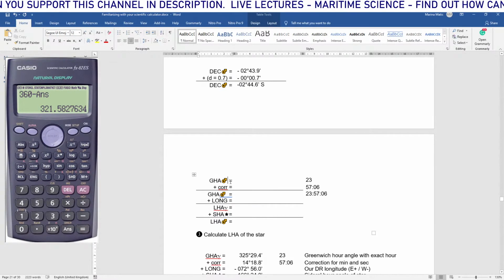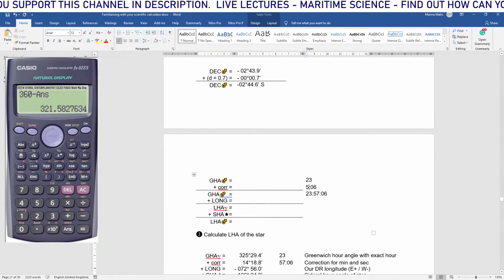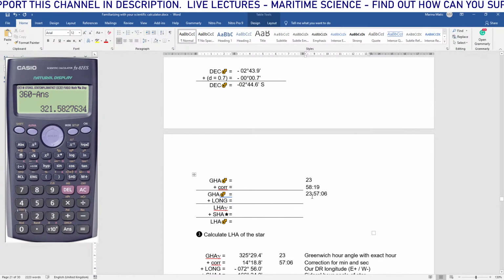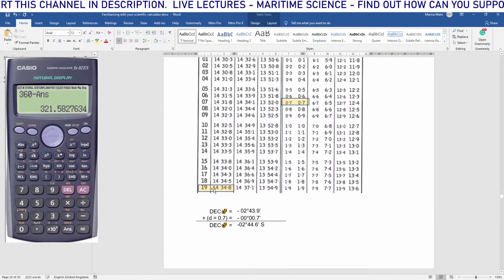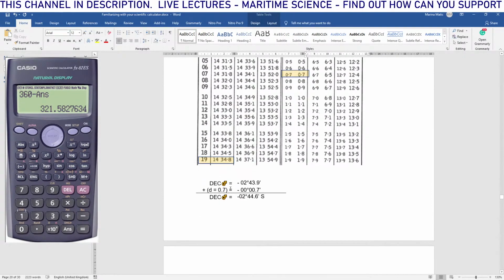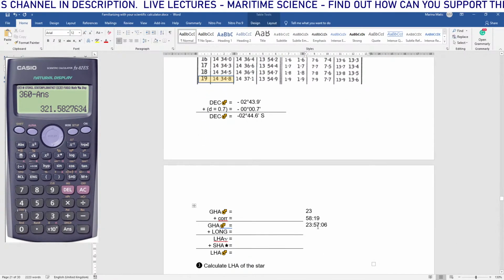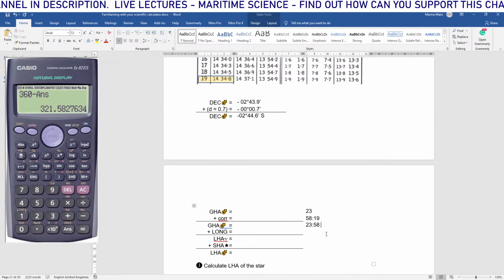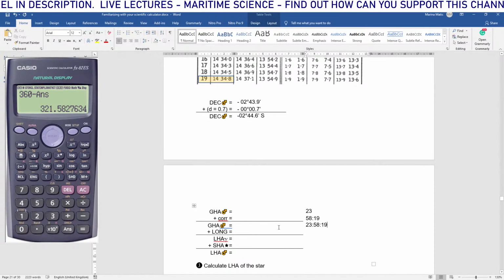So we have Greenwich hour angle at exactly that time, hour, and then we have correction for minutes that we extracted from here, so 14 34.8, and that will give us Greenwich hour angle of planet Mars for exactly that hour, minute, and second.